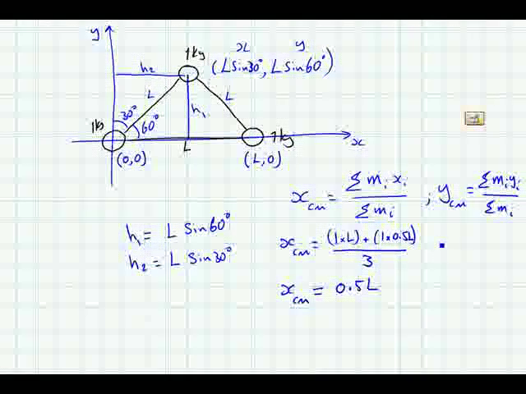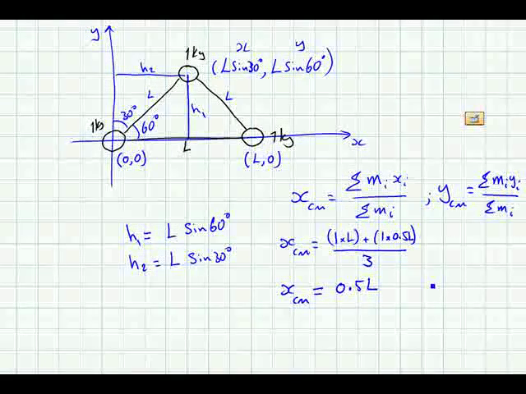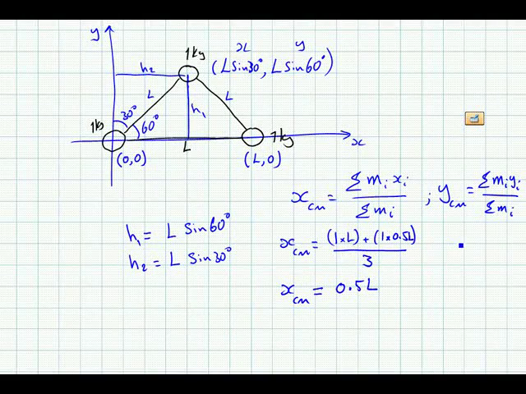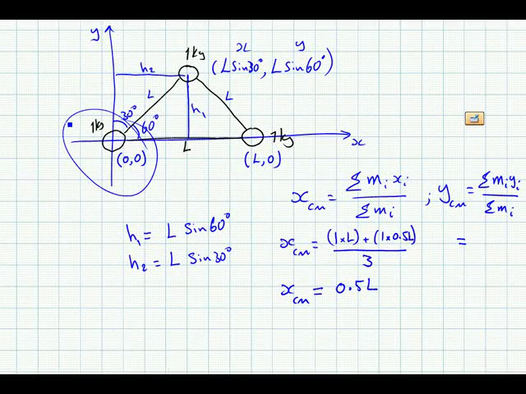And as far as the y coordinate goes, if we do the math, we end up with 0 from multiplying the first mass with its y coordinate, 0 from multiplying the second mass with its y coordinate.